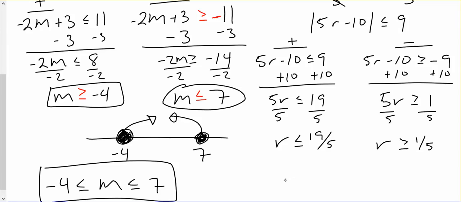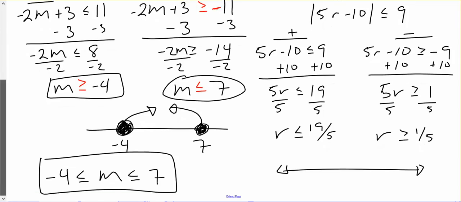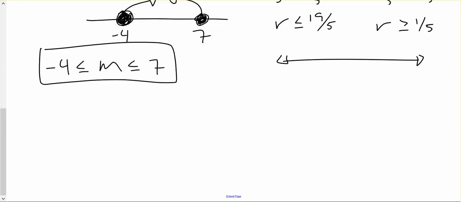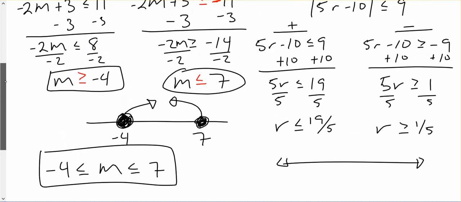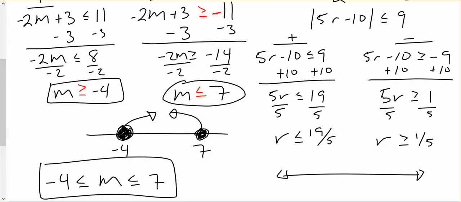So if we were to write these numbers in order, we would have 1/5 is less than 19/5, so 1/5 is over here on the left, and 19/5 is over here on the right. 19/5 is 3 and 4/5. It's only 1/5 away from being 20 over 5, which is 4.